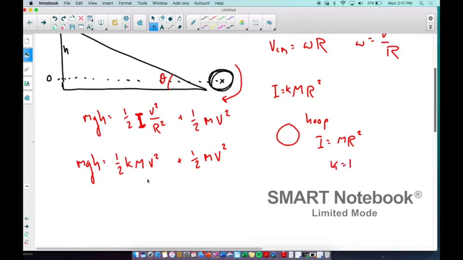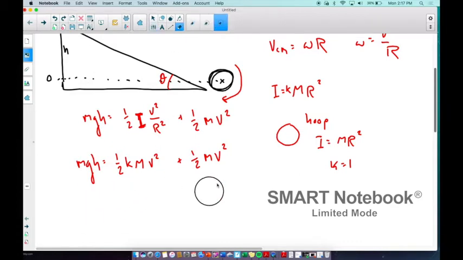And so you can see if that's the case, my gravitational potential energy I have at the beginning is going to end up getting split 50-50, won't it? Because these velocities are the same, it's going to get split 50-50 between rotational and translational kinetic energies. So that's true for a hoop.